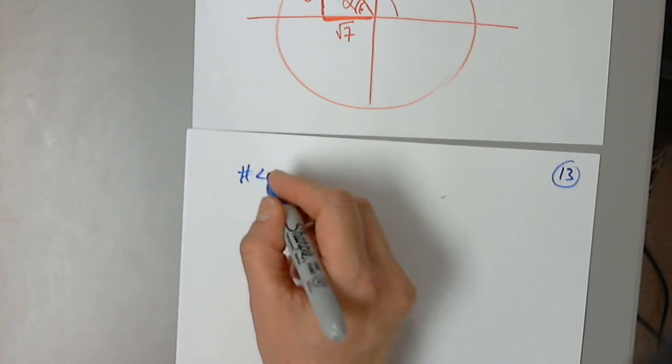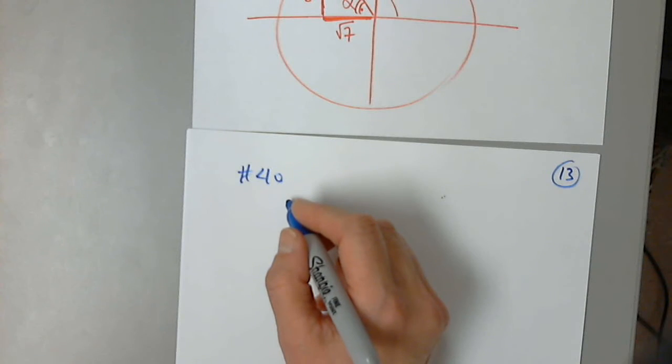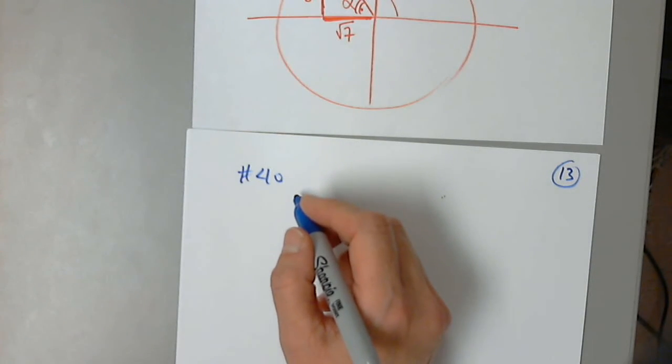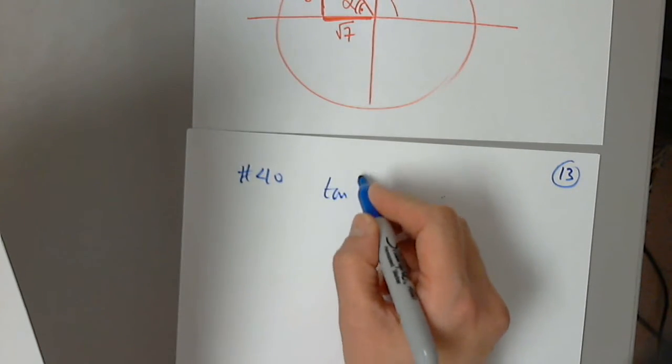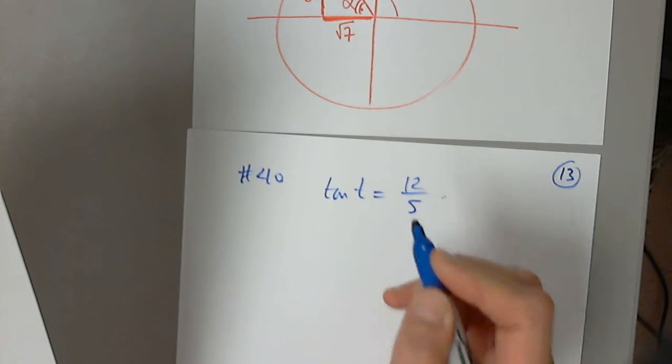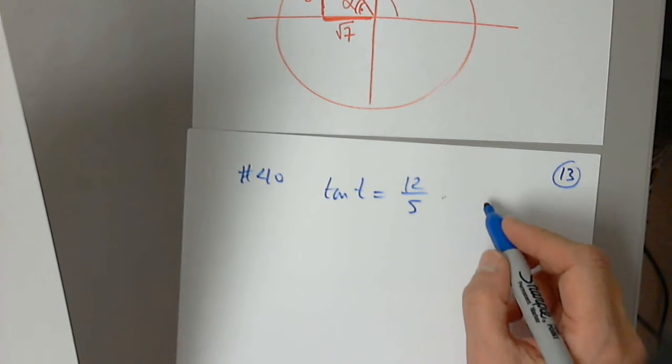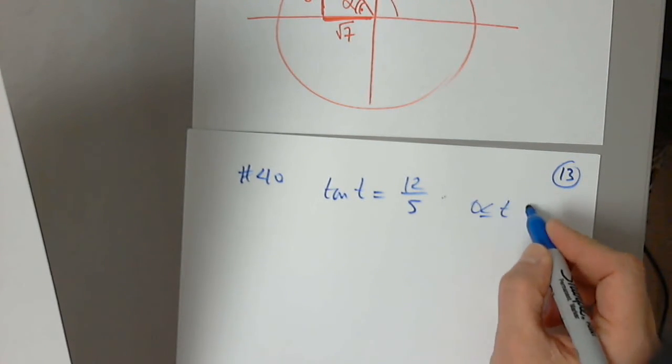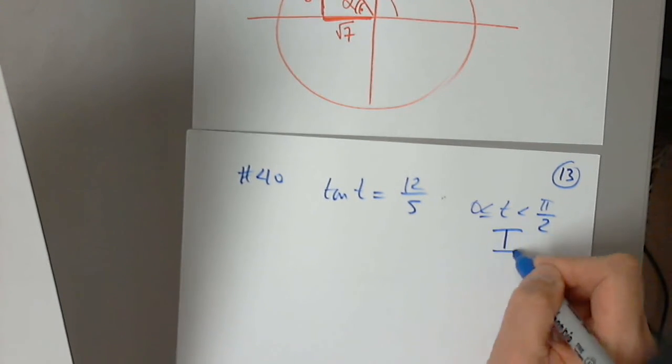So 40. We're given tangent t equals 12 divided by 5, and the angle is nice, which means in the first quadrant.